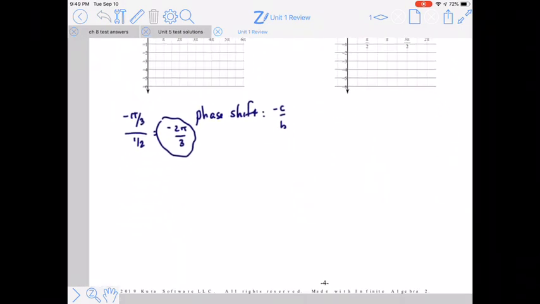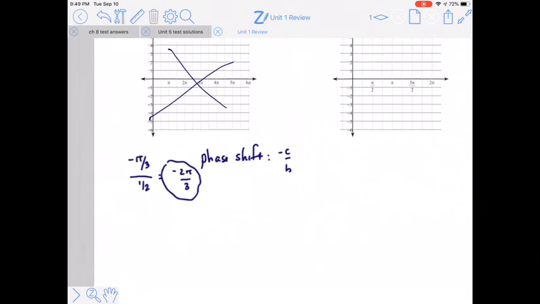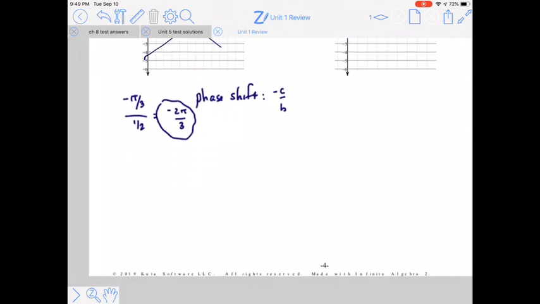So I'm actually going to not use the given graph. I'm going to make my own. I know it's going to shift down 2 units. And then it's going to go left negative 2 pi over 3 units.